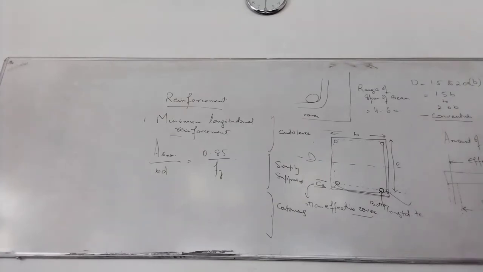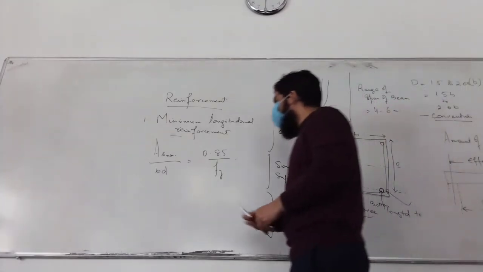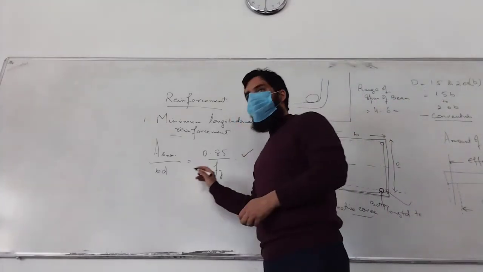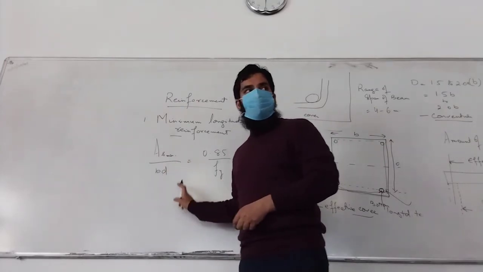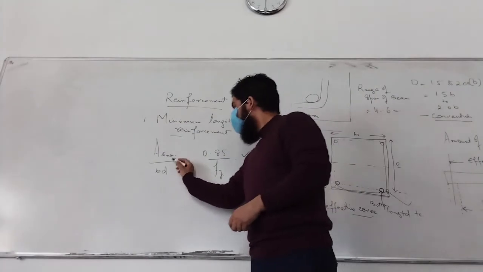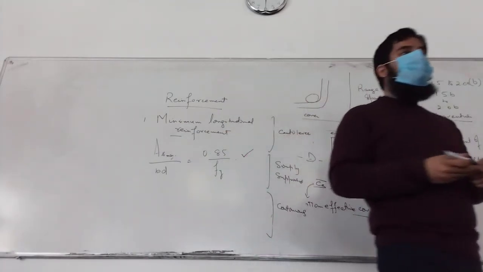Now you are always allowed to take the code with you in the examinations, so you don't have to remember any equations. As by bd is equal to 0.85 by fy. What is As minimum?